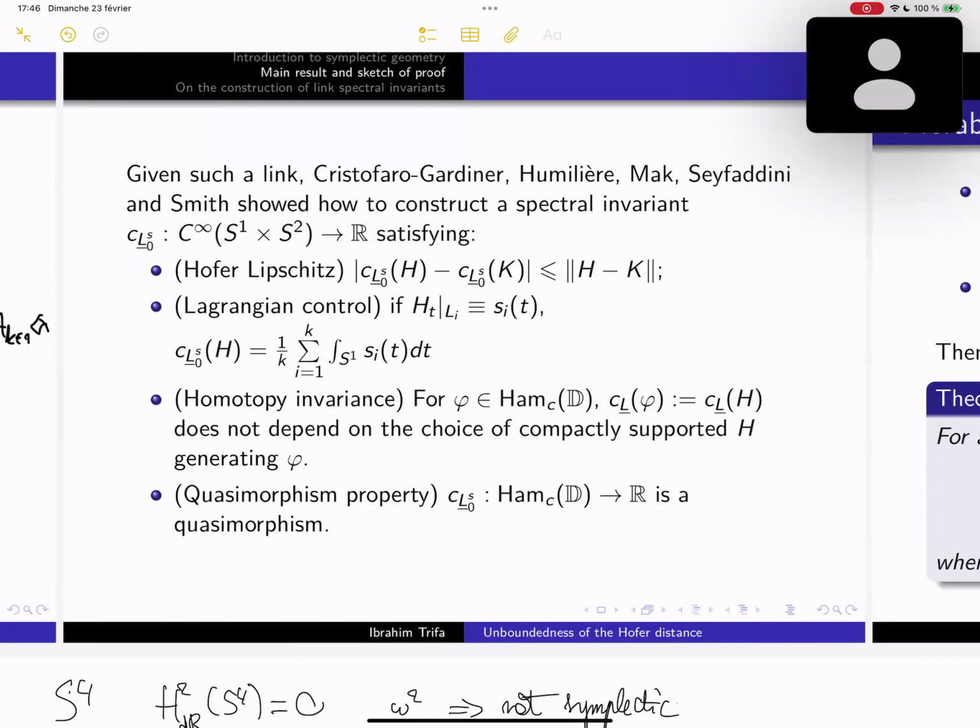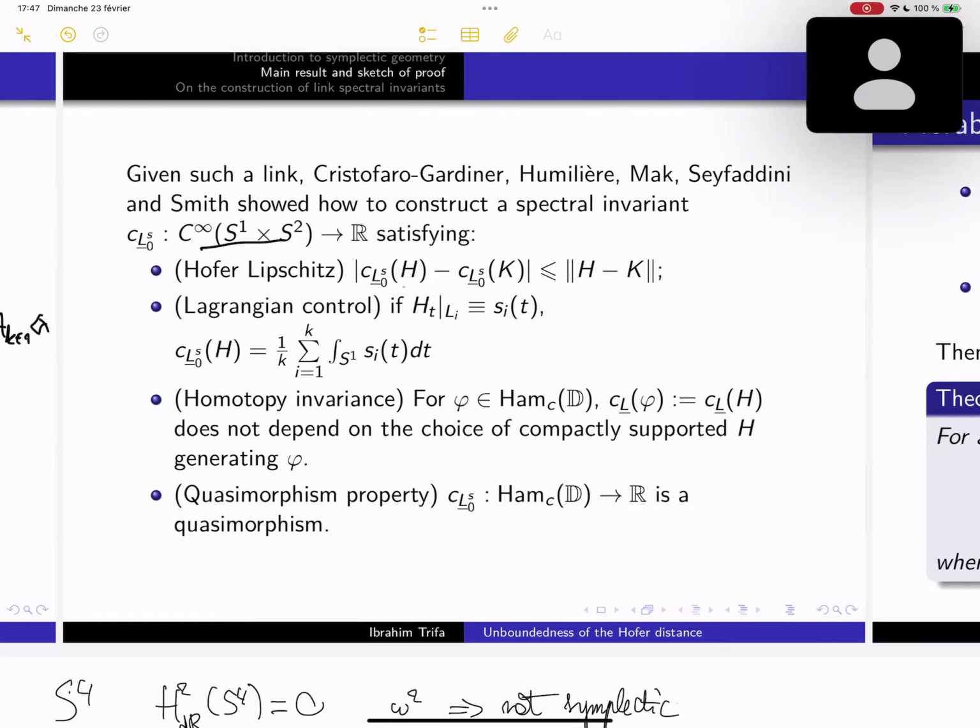And they showed that given such a link, you can construct a spectral invariant, c_L, from smooth maps on S1 times S2, so basically the set of Hamiltonian functions, to R, satisfying that this invariant is Hofer-Lipschitz.